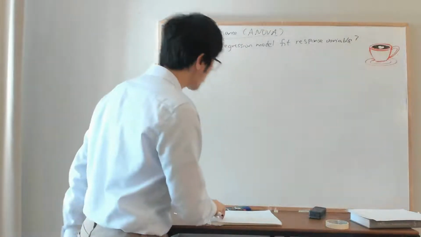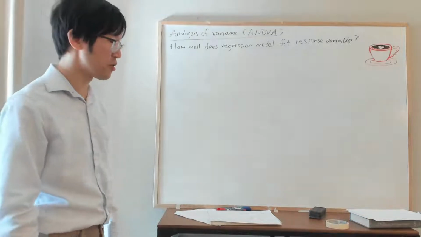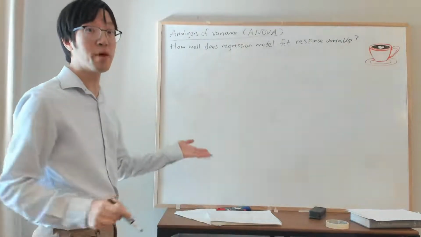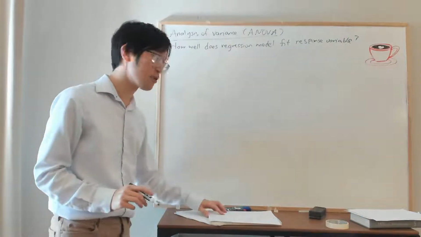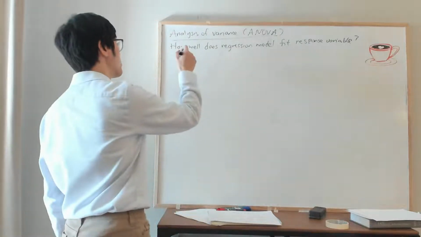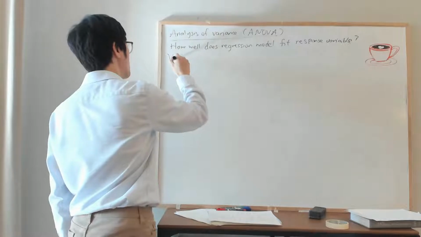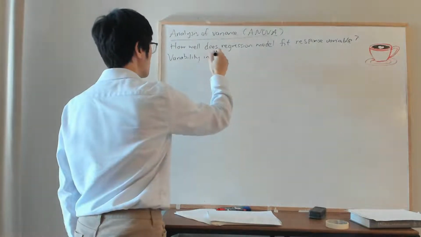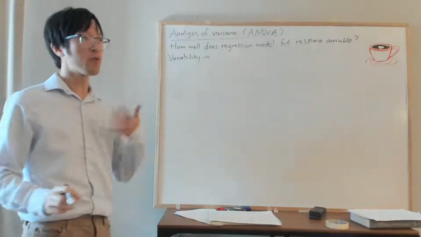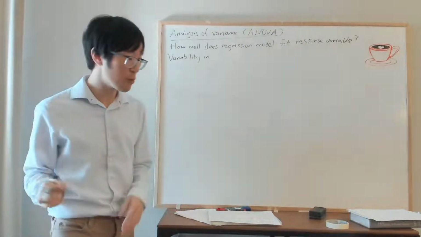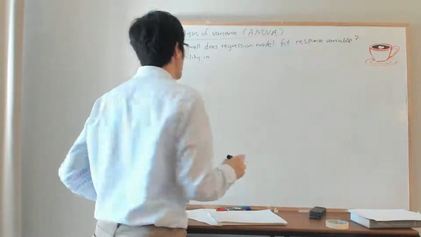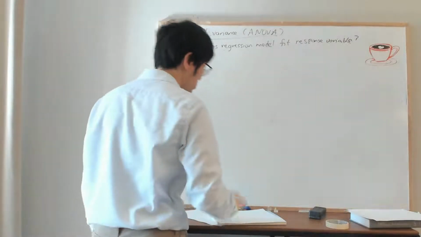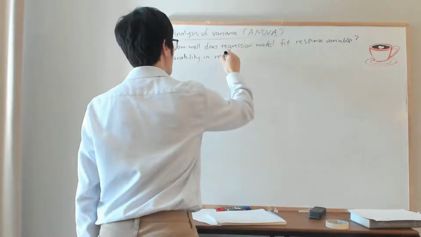So how well can we fit Y, the response? To start the story, we will consider how we measure variability in our response. So what do we mean by variability in the response? Well, the Y's are going to have some variance, and to measure that, we define what we call the total sum of squares.